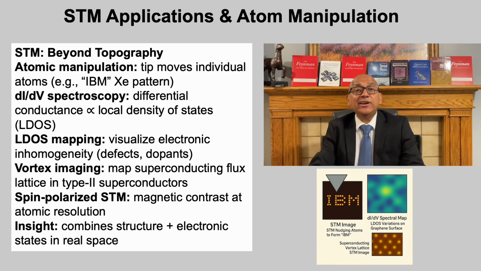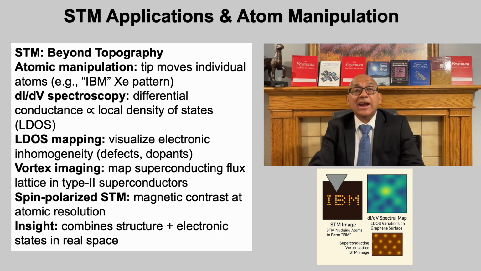Once atomic scale imaging was established, researchers quickly realized that the STM tip could do far more than trace surface topography. Because tunneling current depends sensitively on the local electronic density of states, recording the differential conductance dI over dV as a function of the bias voltage turns the STM into a local spectrometer.